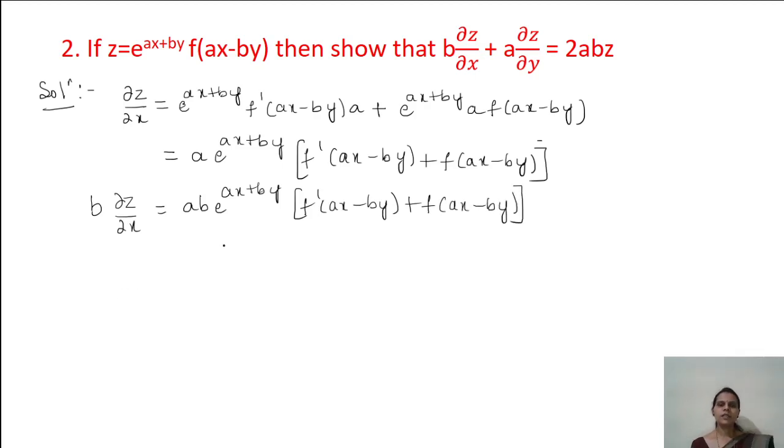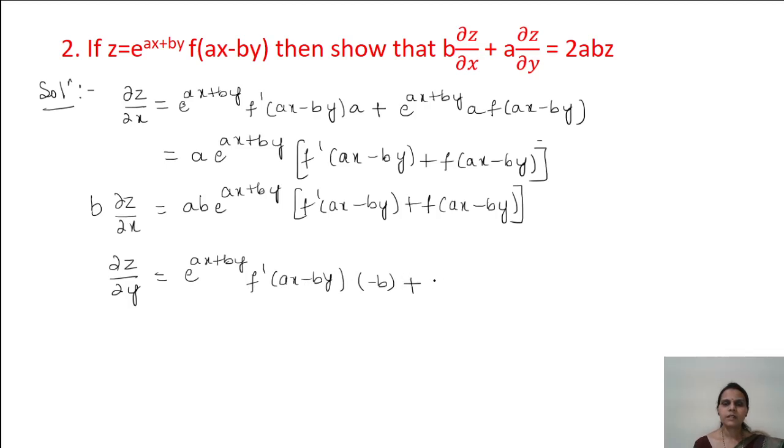Similarly, differentiating z with respect to y partially, we get dou z by dou y is equal to, again we have to apply the product rule here. Keep the first function as it is. Differentiation of the second function is f dash of ax minus by into differentiation of ax minus by with respect to y, which is minus b, plus differentiation of the first function e power ax plus by into b, and writing the second function as it is, that is f of ax minus by.